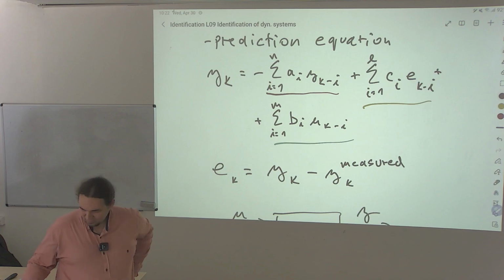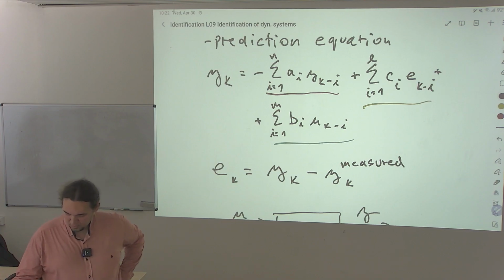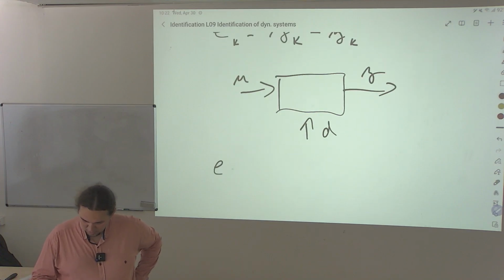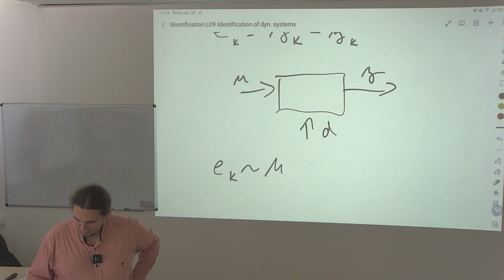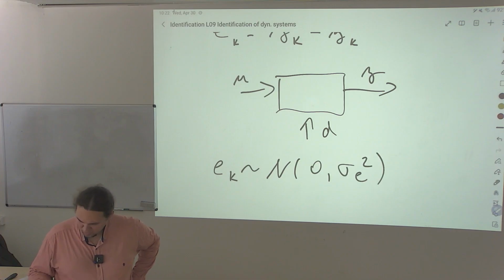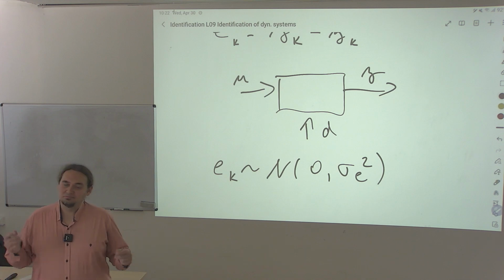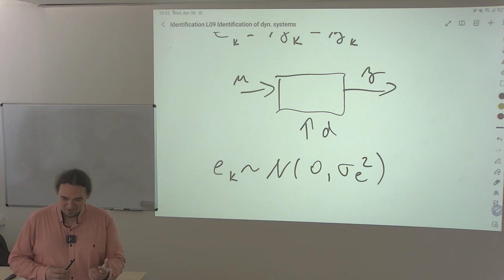So what would usually be assumed is that this e_k would follow some normal distribution, zero mean, and some variance. I'm not going to say it's the best thing you can do.